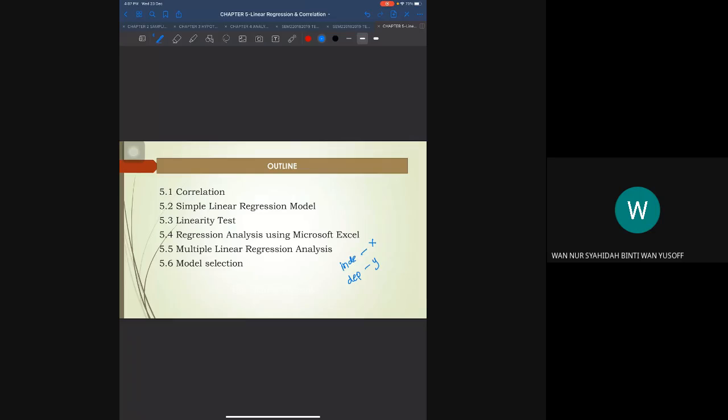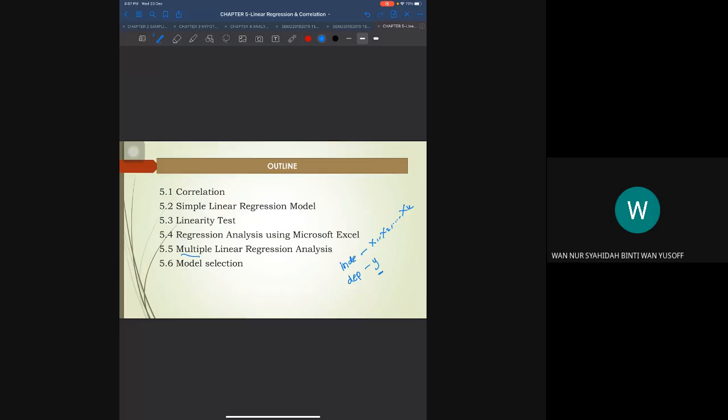Multiple linear regression means that we have more than 2 variables, but the dependent is still single. We still have a single variable for the dependent, and you will have more than one independent variable, so x1, x2, and onward until xk. That's multiple linear regression.